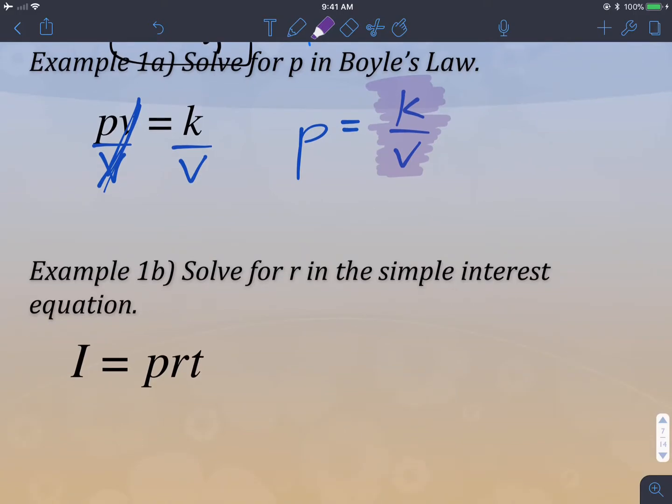Solve for R in the simple interest formula. Okay, ideas on this one?